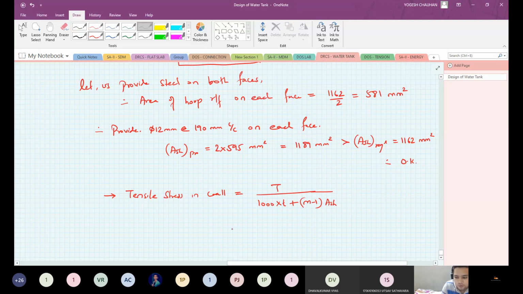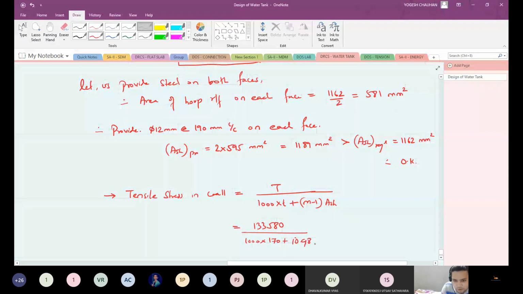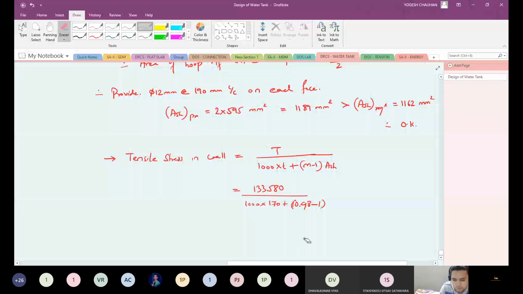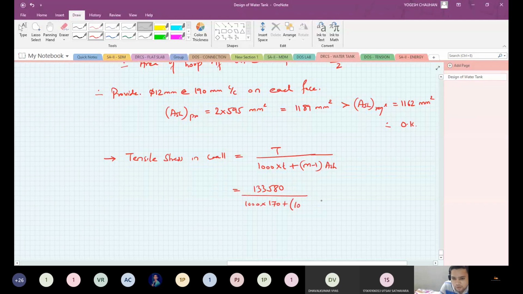Okay, so this will be equal to 133580 divided by 1000 into thickness is 170, plus M, the modular ratio for this M25 grade is 10.98, minus 1, that is 10.98 minus 1, into 1189, the steel provided.